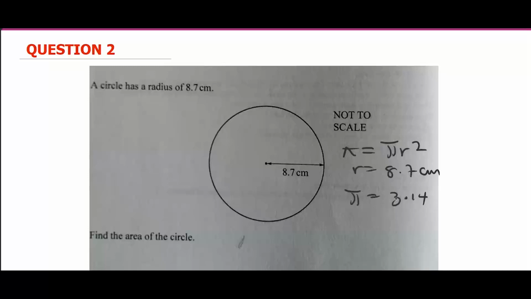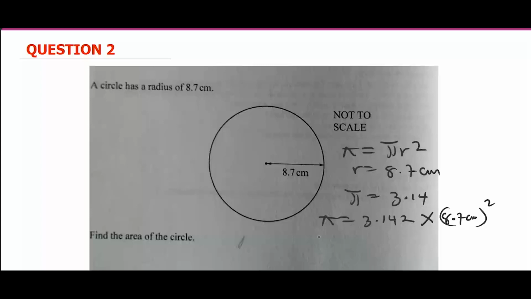So if you substitute the values into the formula, the area will be equal to 3.14 multiplied by the radius, which is 8.7 centimeters squared.